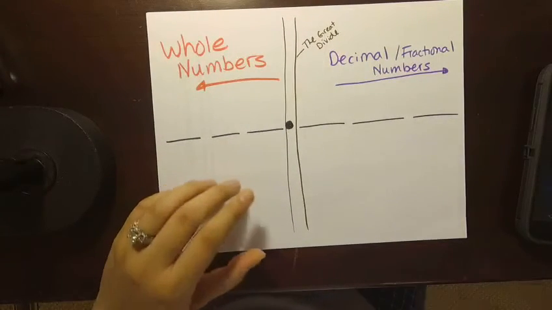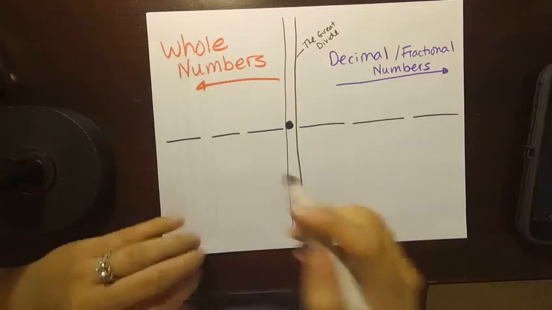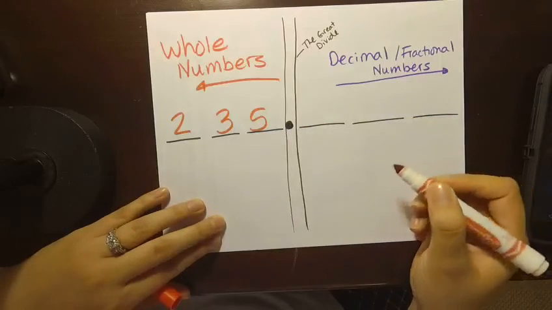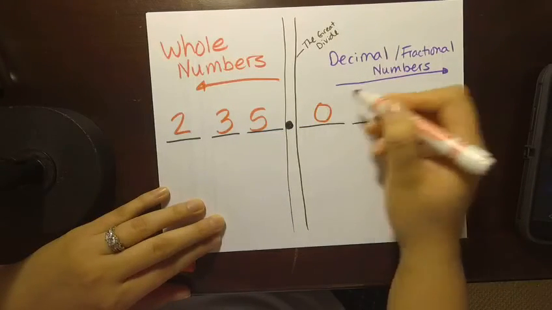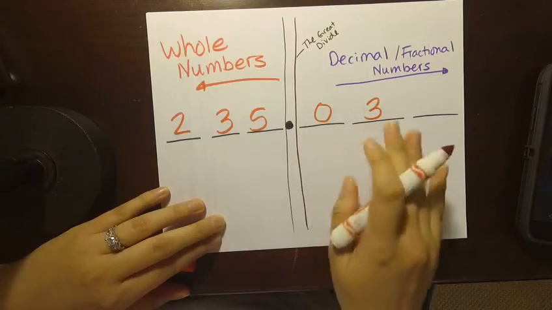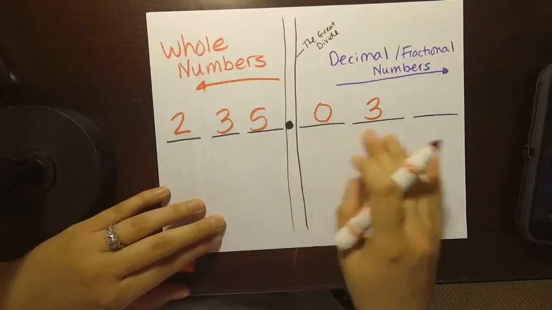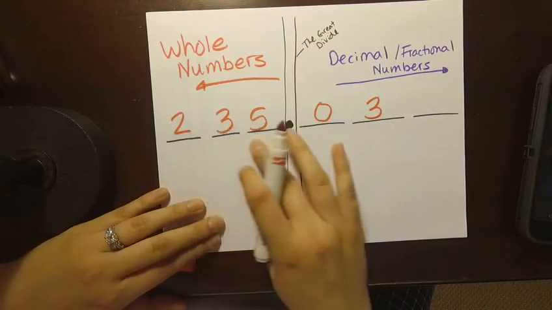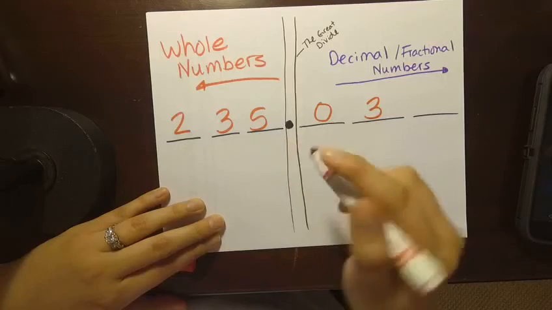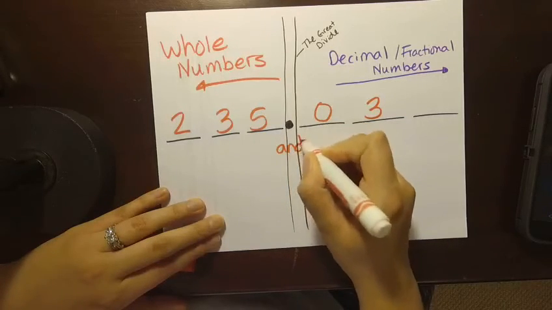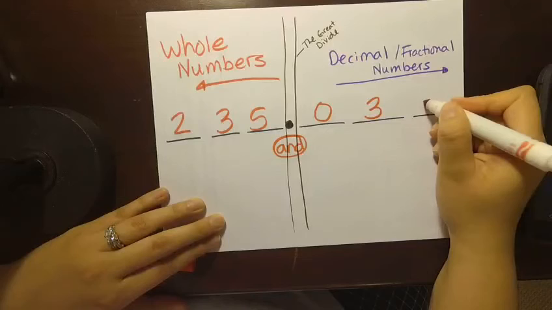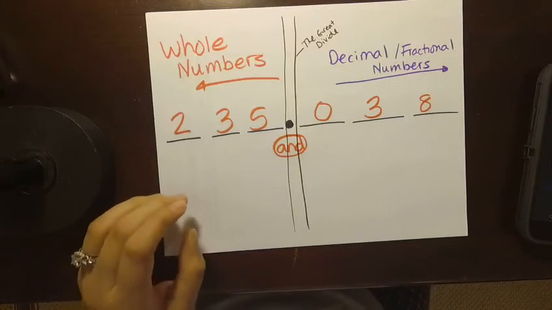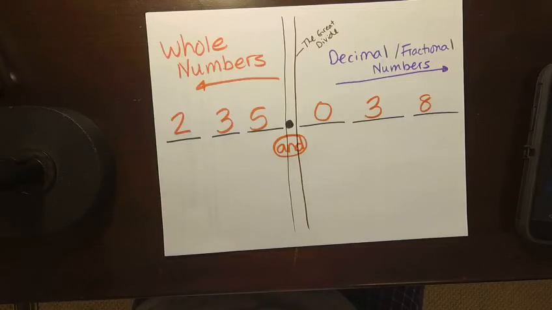For example, we can write $235.03 or 3/100ths, okay? So you see that this is the 3 pennies, and if we write 235 and, do not forget that you say and for the decimal, 38 thousands. So as a matter of fact, while I have you here, let's go over place value.